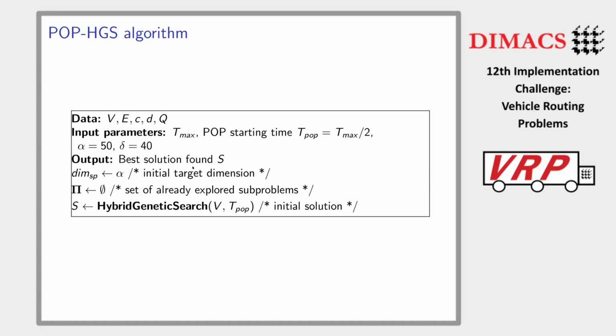DIMSP is the target dimension, which is initialized with alpha. We have a structure P to store the already explored subproblems to avoid repetition. So the initial solution is produced by the hybrid genetic search over TPOP seconds.